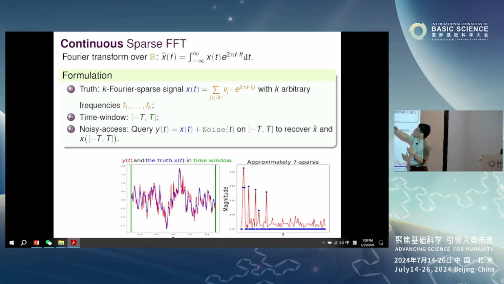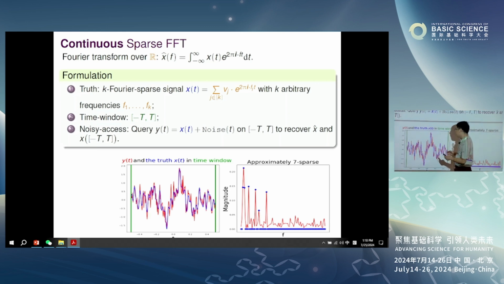While the definition is over the real line, a computer cannot handle arbitrarily large real numbers that go to positive or negative infinity. So we will assume there is a time window on my signal. I cannot observe a time that is infinitely far away, so I only observe my signal in this time window, drawn as the blue line here.